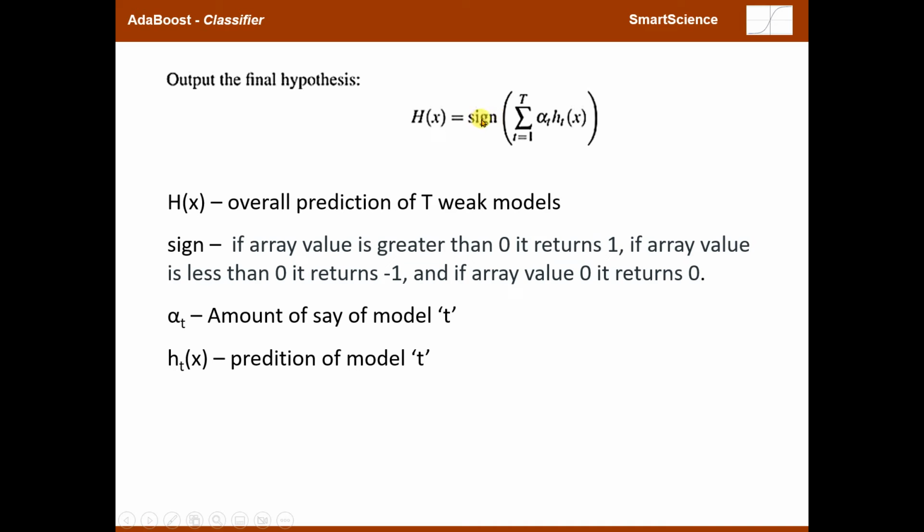What this sign function does is, if our value is a positive number, it will make it 1. If our value is a negative number, we'll make it minus 1. And if it is 0, we'll keep it as 0. So that is the overall prediction of our model, which is nothing but a combination of the results of each of our models. That is what is happening inside this equation. So we are summing it up across all the models.